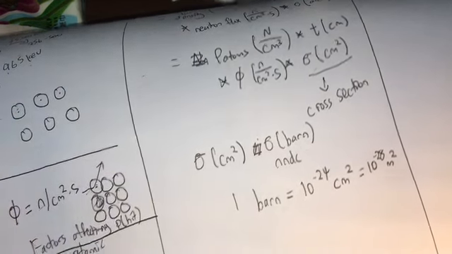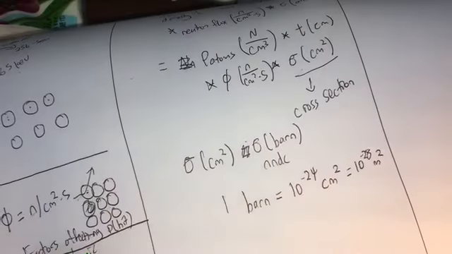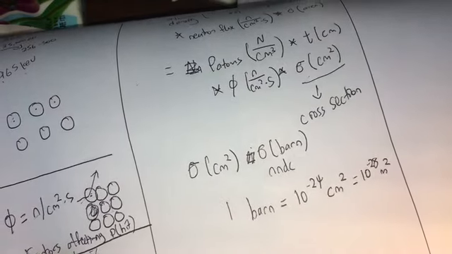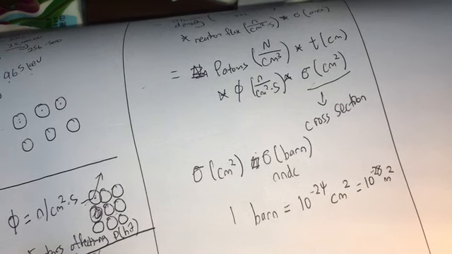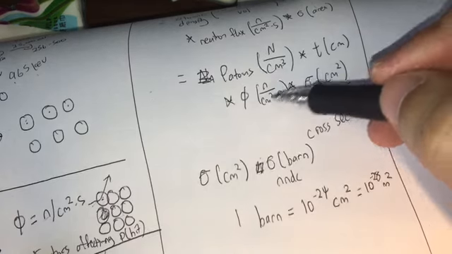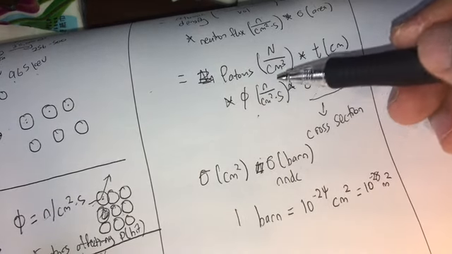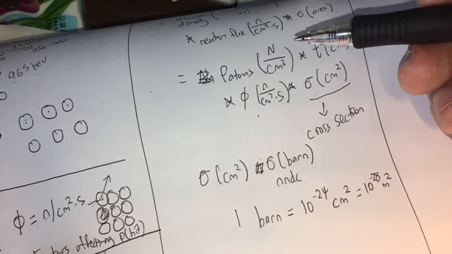Okay, so we've introduced the concept of cross section so far, and in this video we want to also assume that the neutron flux is constant. So if we want to start plugging numbers, we make some simplifying assumptions.